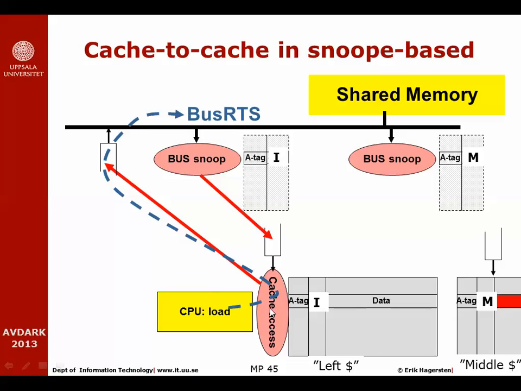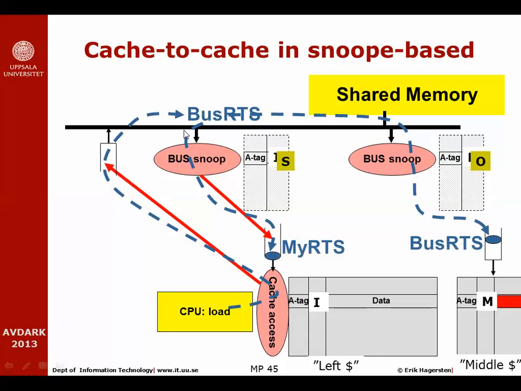It tries to perform a load operation, sees state invalid, and the state diagram here defines that we need to send out the bus read to share request. The bus read to share request is snooped upon by itself and by the other snoop systems on the same bus.